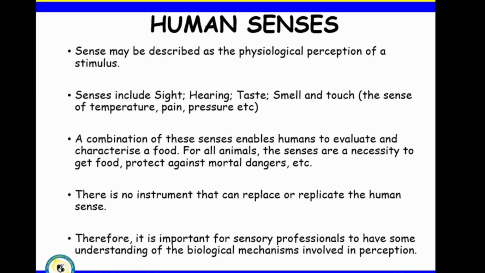may be described as the physiological perception of a stimulus. So it is a physiological perception of a stimulus. You need to be stimulated with certain sensory characteristics. These sensory characteristics include sight, whereby it is vision.